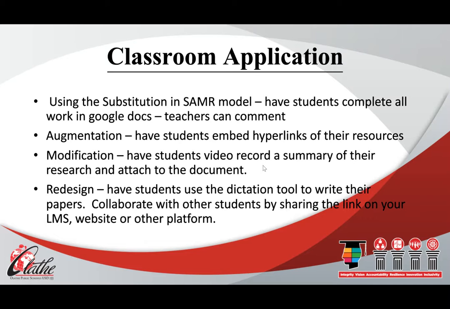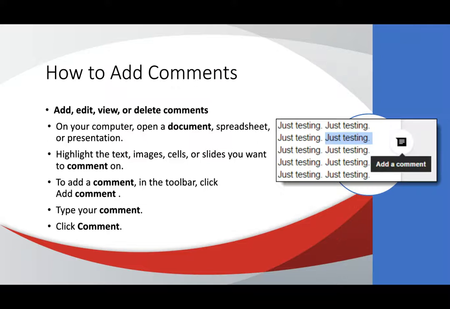Modification, students record a summary of your research and attach it to your document. This is a great summative assessment. And redesign, you can use the dictation tool to write your papers. So you speak, it's talk to text. You can also collaborate with a whole class by sharing the link on your LMS website or other platform. And here is how to add comments in a written version for you.